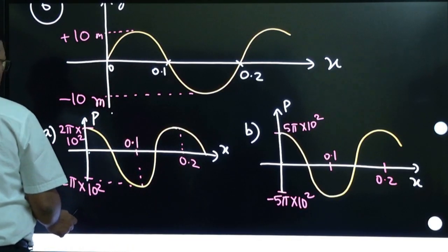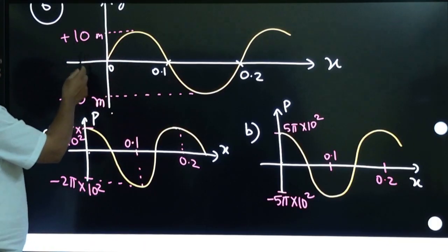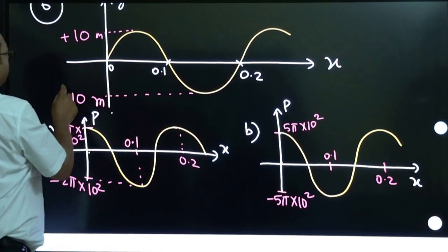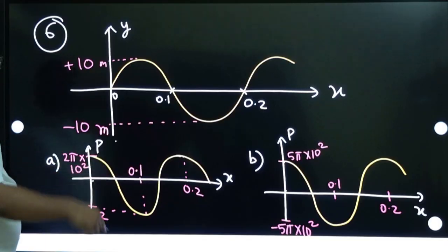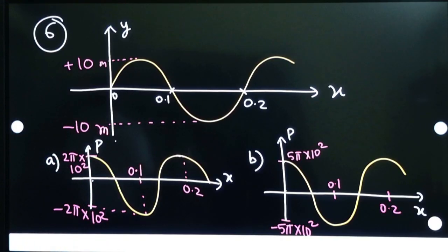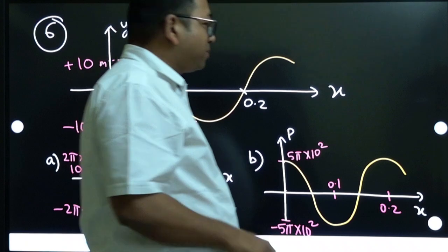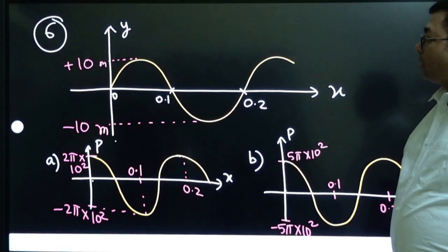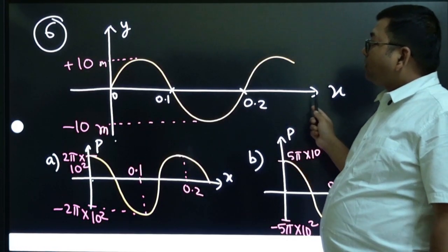Okay, so you note this first graph. First you note this graph portion, which is the displacement versus x graph. You first note this one, because I will draw the other C, D options also. All the units are SI units. Okay, so note this y versus x graph.